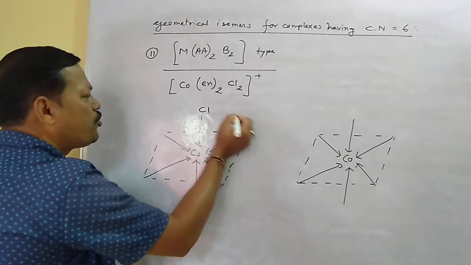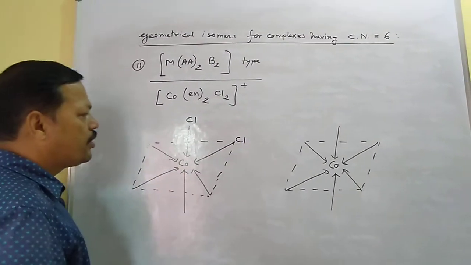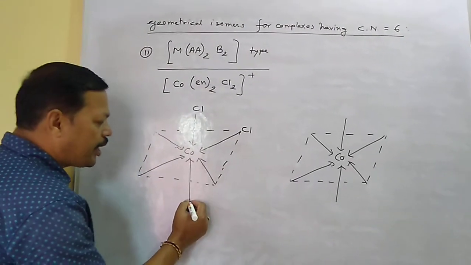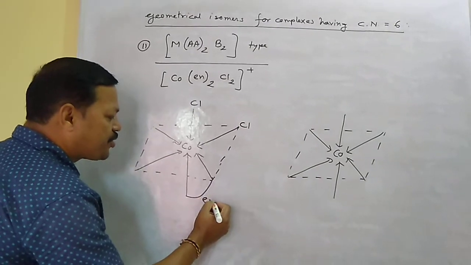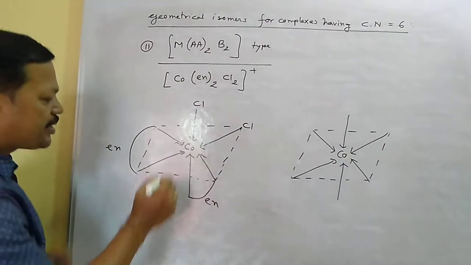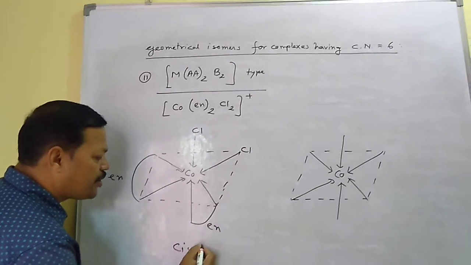One chlorine you draw here, one chlorine you draw here. Since they are in the same phase, it becomes your cis isomer, and one ethylene diamine you can draw this way, another ethylene diamine this way. Then it is said to be cis isomer.